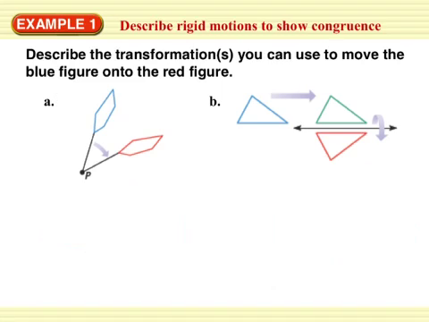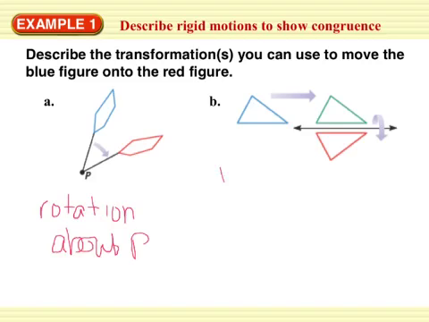Describe the rigid motions to show congruence. Describe the transformations you can use to move the blue figure onto the red figure. Okay, here for A we're just doing a rotation about P. And for B, first we're doing a translation, which is that slide.